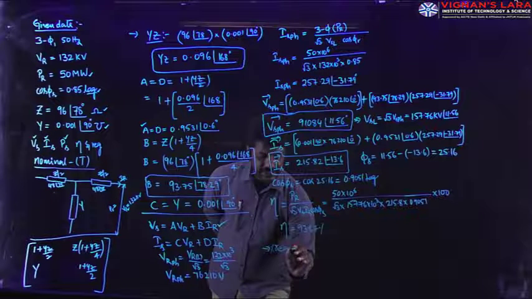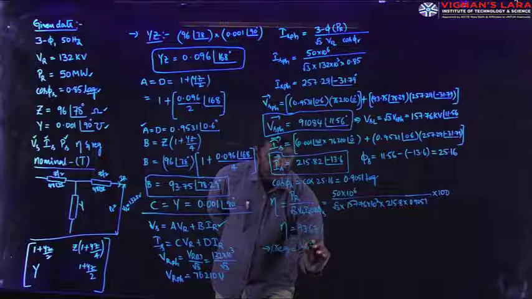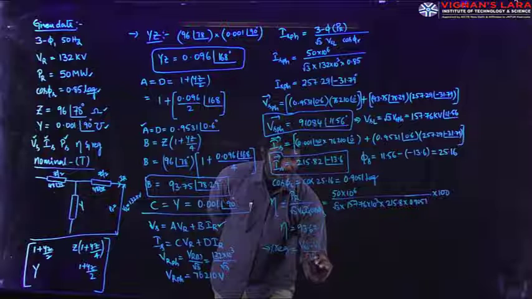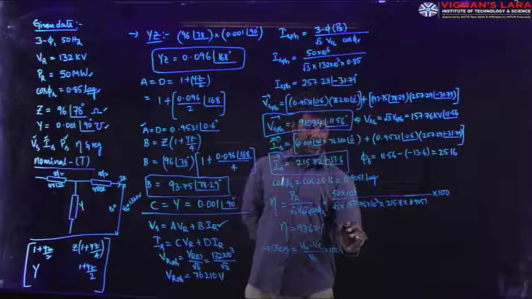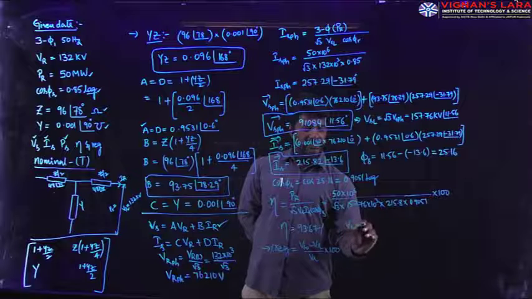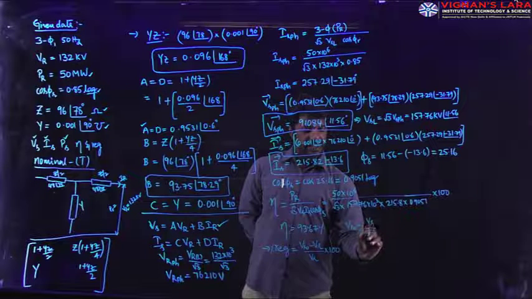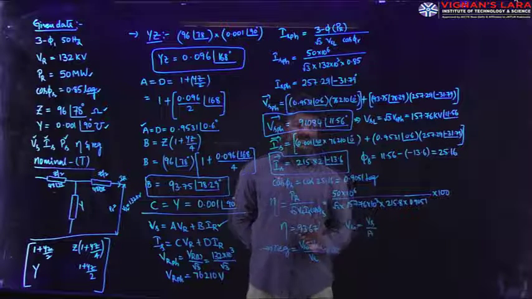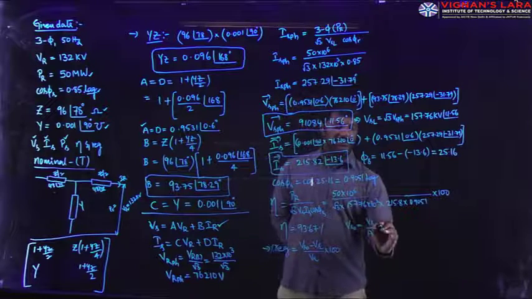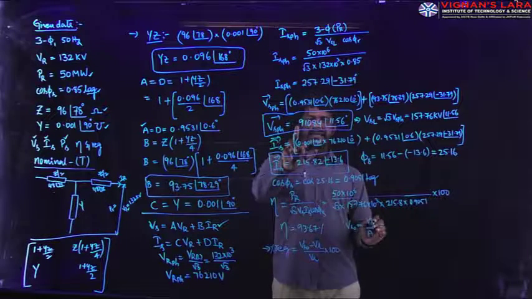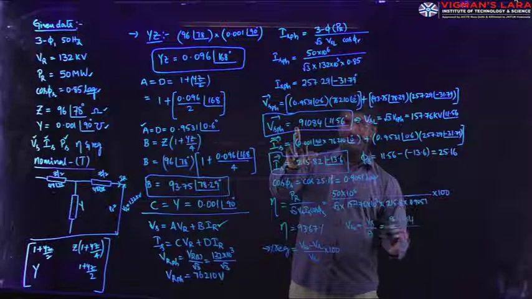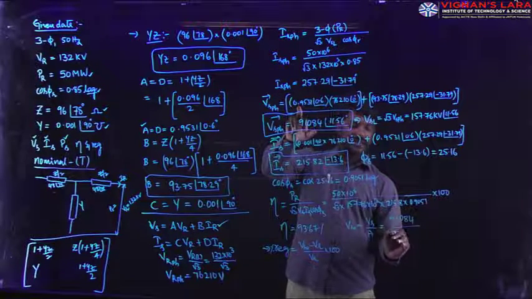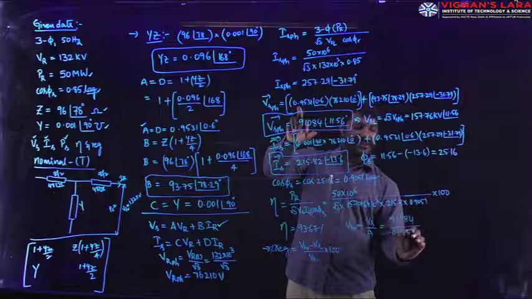The last step is to calculate the regulation. Percentage regulation is equal to VR naught minus VR, divided by VR, into 100. Here our objective is to get VR naught. VR naught is equal to Vs by A, constant A. Vs per phase, which we got as 91084, is to be divided by constant A, which is 0.9531.